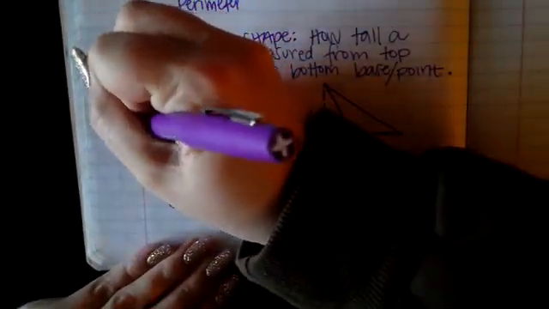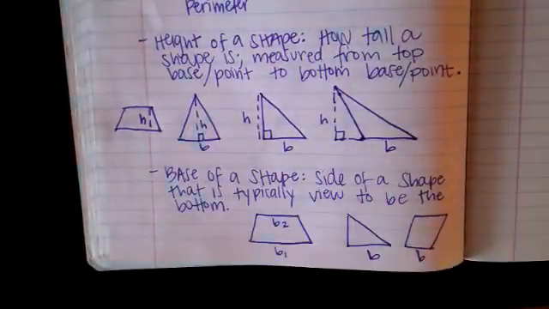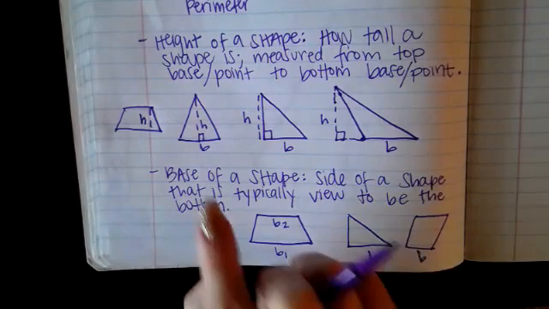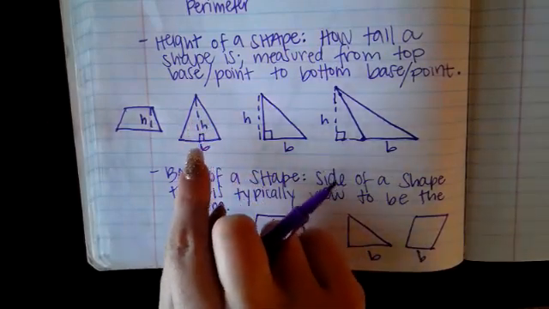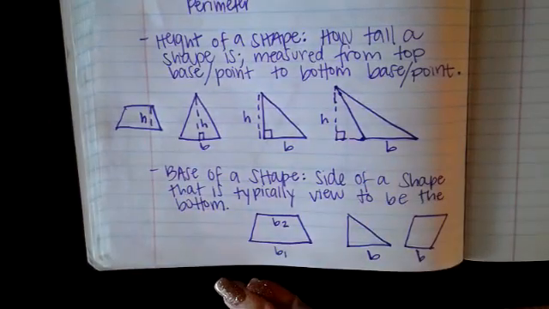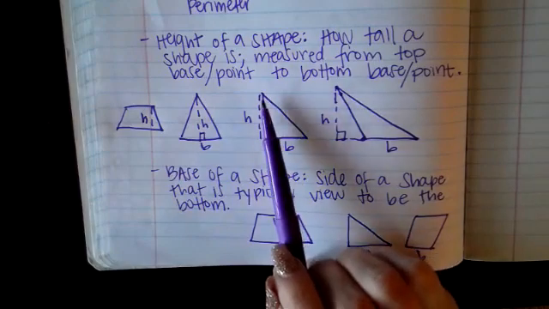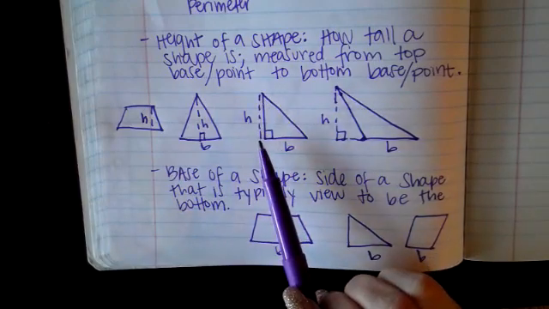So in a trapezoid, we measure it over here. We measure it in a perfectly straight line all the way down to what's known as the base of the shape, or the bottom side of a shape. So in a triangle, from the top point to the bottom side. In a right triangle, it's from the top point also to the bottom side.